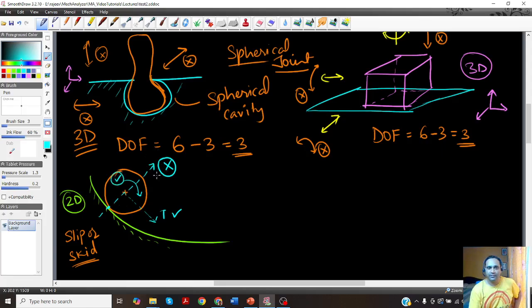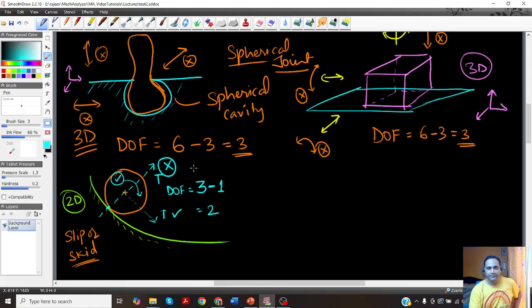So this translation is restricted, whereas the translation in the perpendicular direction and rotation are possible. So the degree of freedom without constraint was 3, and if I reduce this constraint, in a sense restriction, it will become 2.